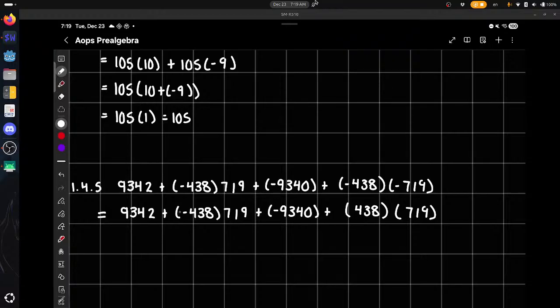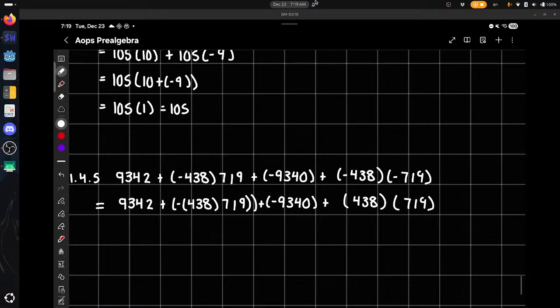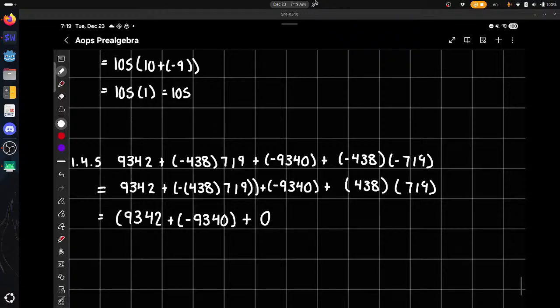And then this is the negation of that. And then we can move those numbers around. Left with 0, because that's just a negation of it.